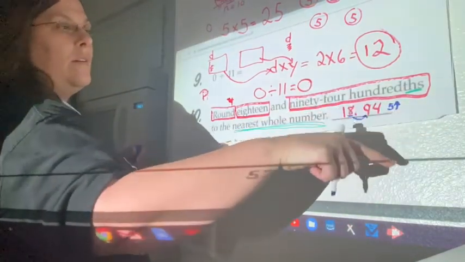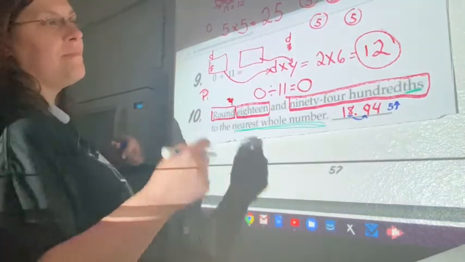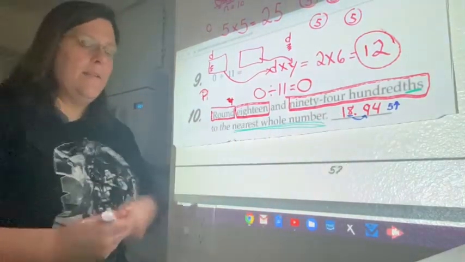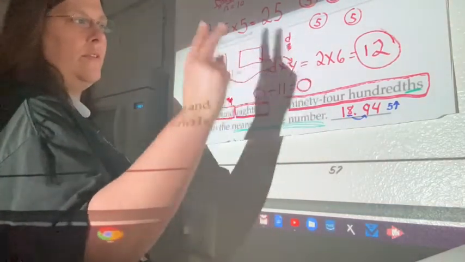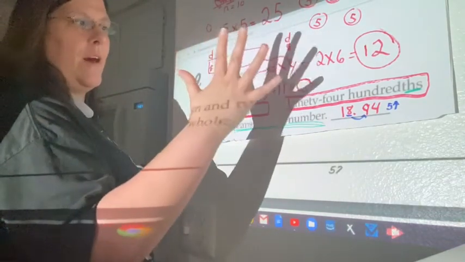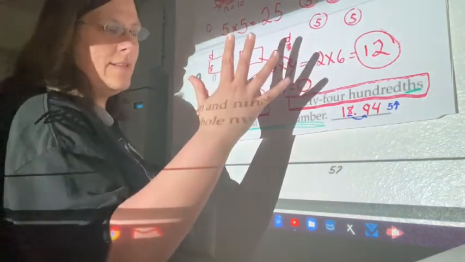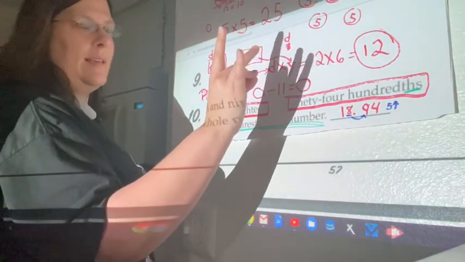If it's lower than 5, then it stays the same. 9. Let's count to 9 and see if it's 5 or higher. 1, 2, 3, 4, 5. Oh, I didn't find a 9 yet. 6, 7, 8, 9.